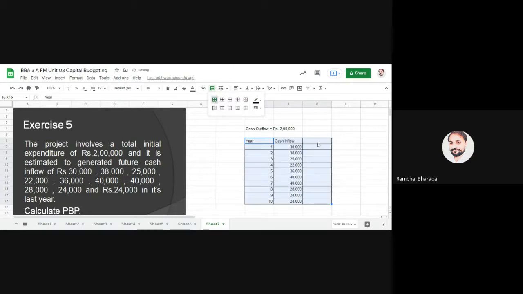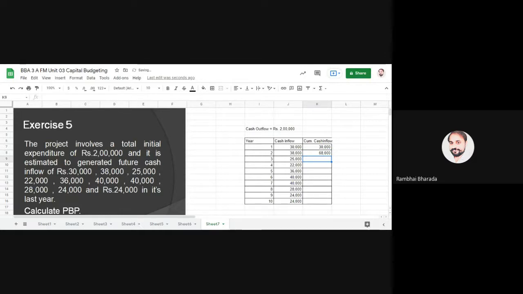Okay, now calculate the cumulative case inflow. Total case inflow or cumulative case inflow. In the first year, 30, only 30. In the second year, 68, 30 plus 38.